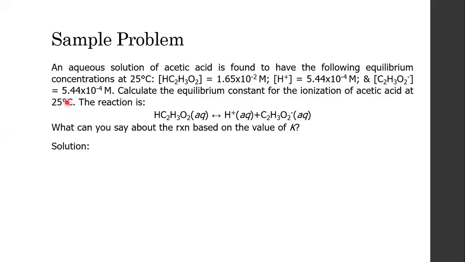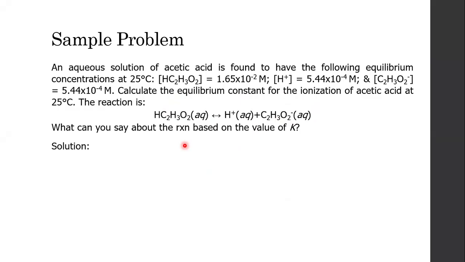And we have the same amount, 5.44 times 10 to the negative 4 molar of acetate ion. Now we are to calculate the equilibrium constant of the ionization or dissociation of acetic acid. The reaction is written as this. And there's a follow-up question: what can you say about the reaction based on the value of K?